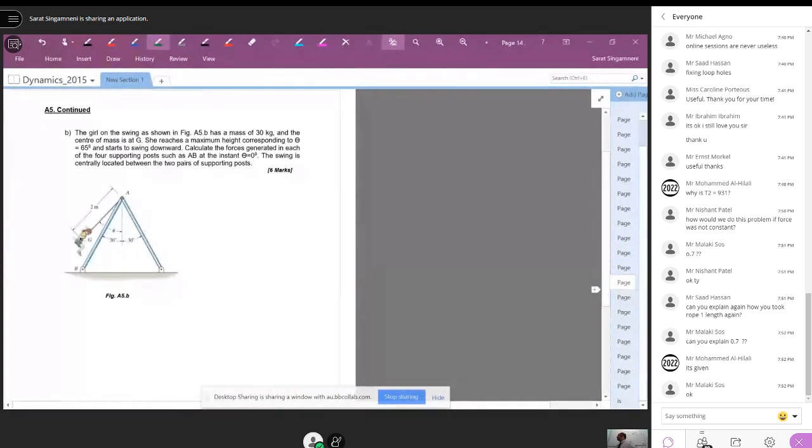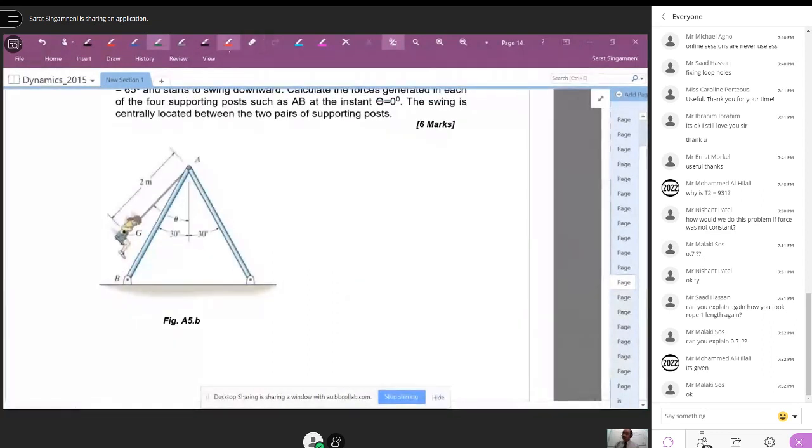I solved this problem in the class. I just gave the same thing. Maybe I changed some numbers, but the procedure is exactly the same. The answer you will get is F is equal to 183, I believe, or 163.